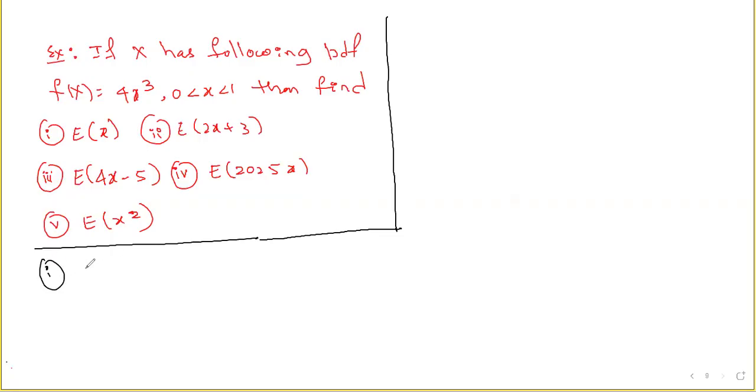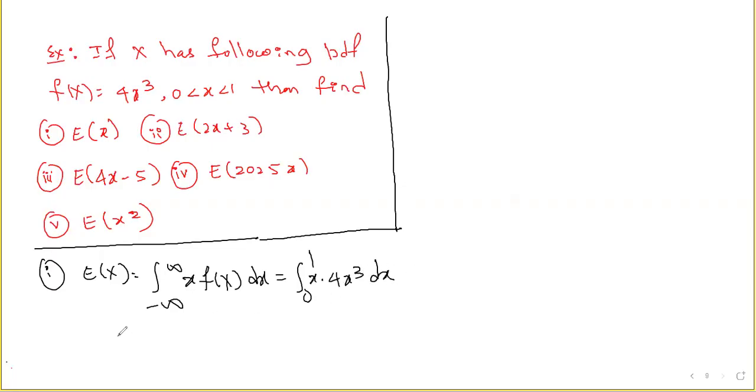First one, expected value of x equals the integral from minus infinity to infinity of x into f of x dx. Here the limits are 0 to 1, x into 4x cube dx.